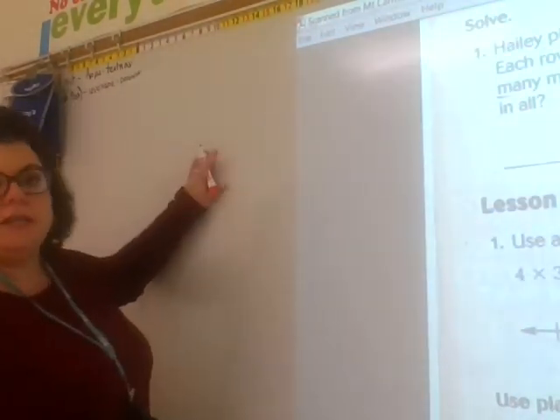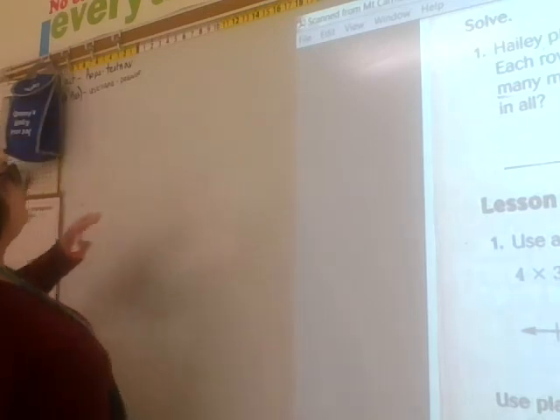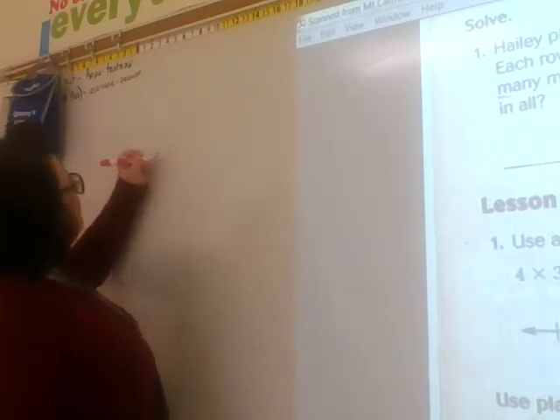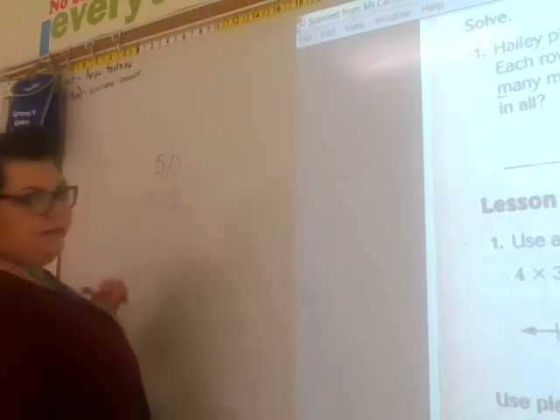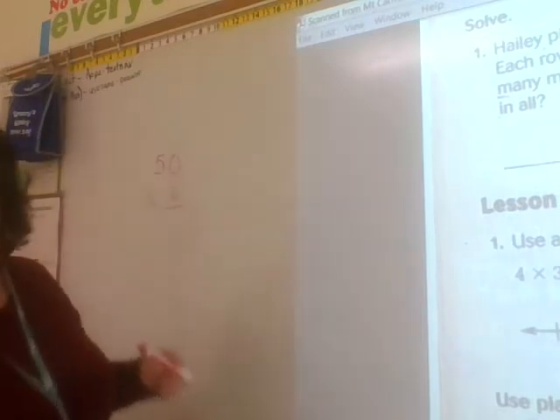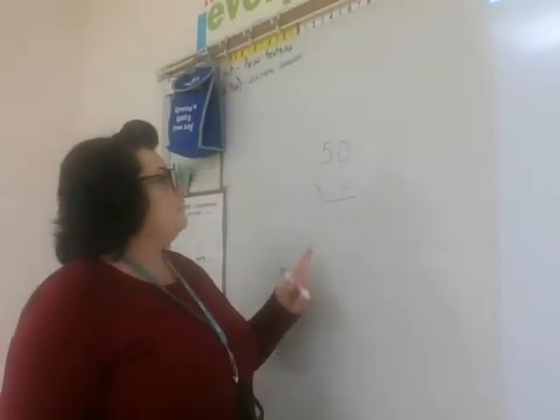Let's work using another 2-digit number, okay? Let's say they wanted to know 50 times 6. There, you can see that a little bit better.